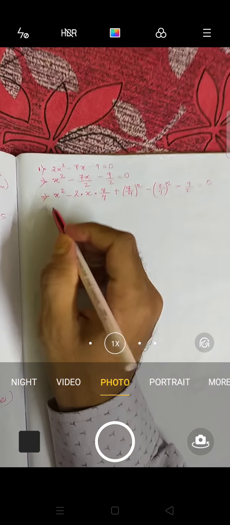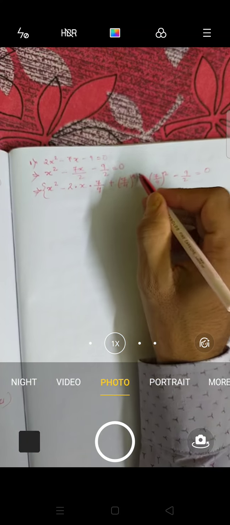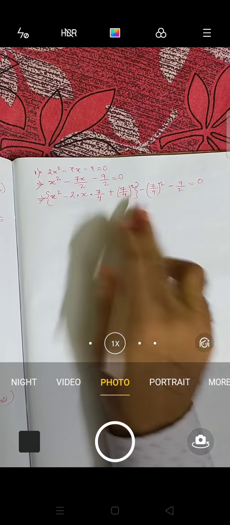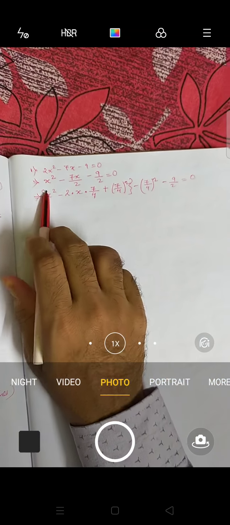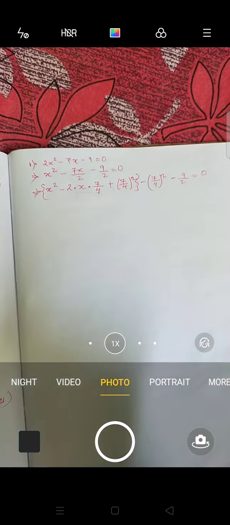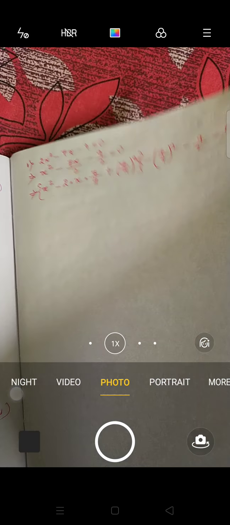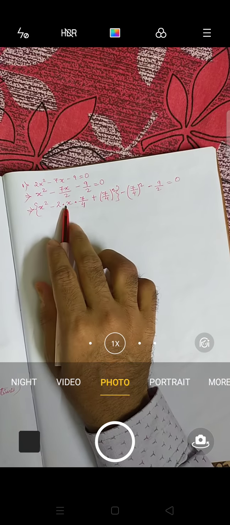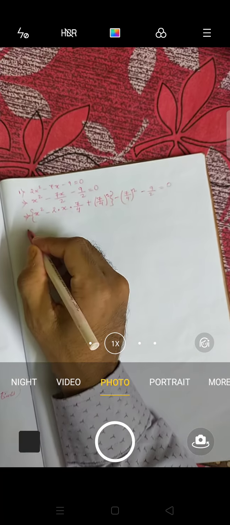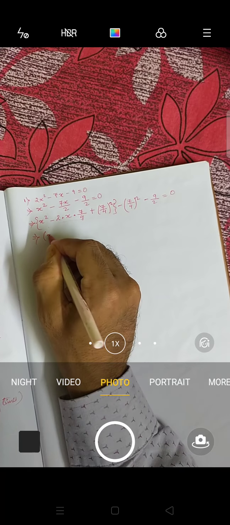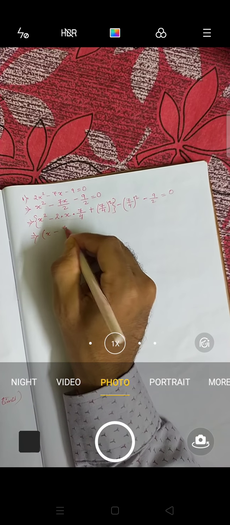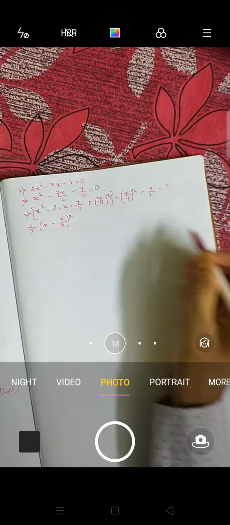Now you can see that from here till here is a complete square: a square minus 2ab plus b square. Now this will become a minus b whole square, correct?